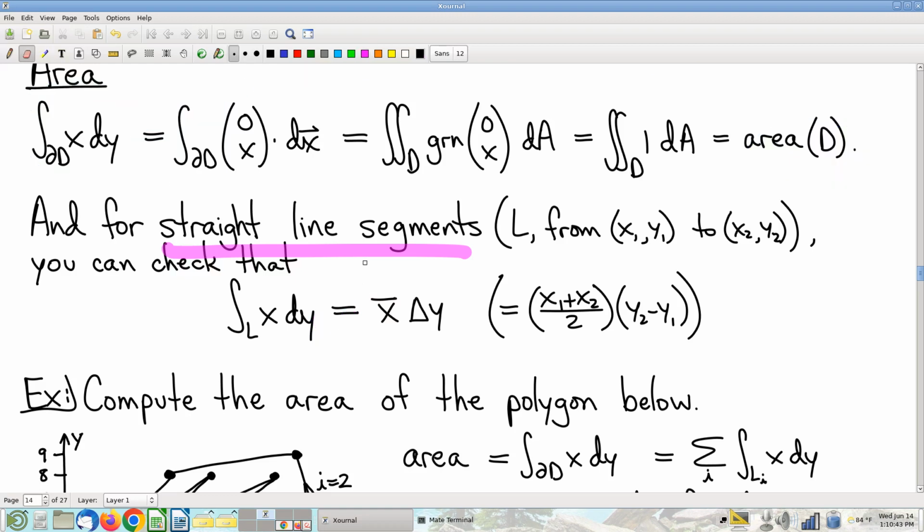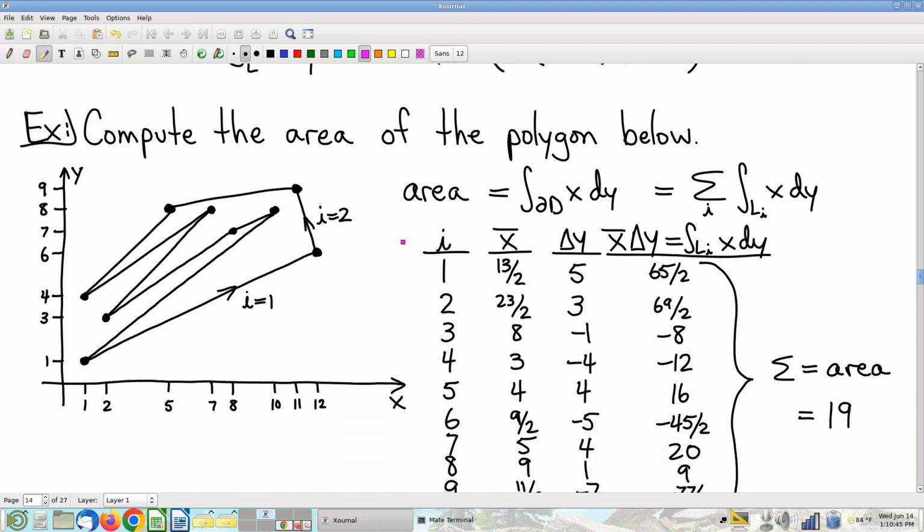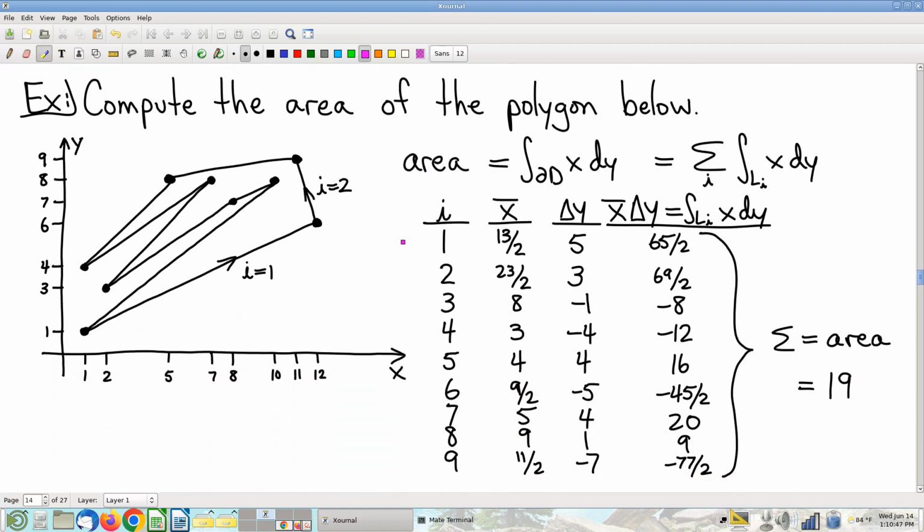So, example, down to this nasty polygon that we were afraid of having to deal with using high school geometry. It looks pretty brutal. But let's take these one at a time. Let's look at this first edge right here. That is a straight line segment. And I will compute, let's see here, it starts with x equals 1 and ends with x equals 12.